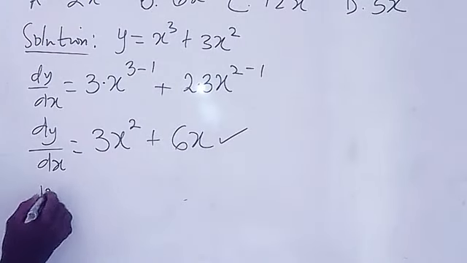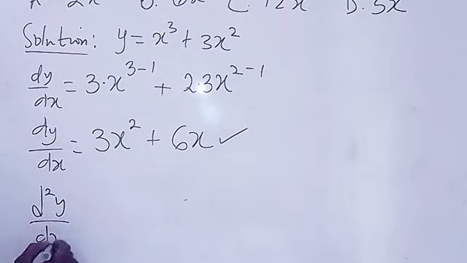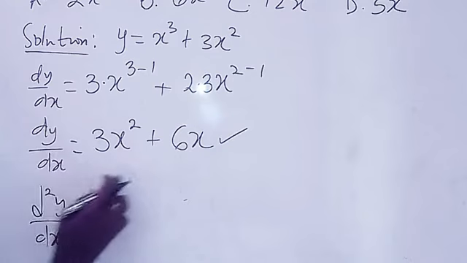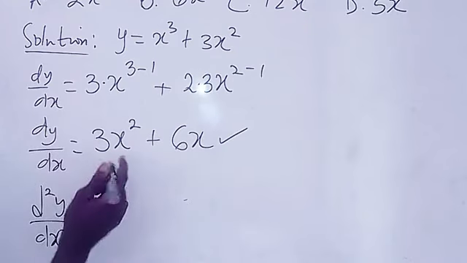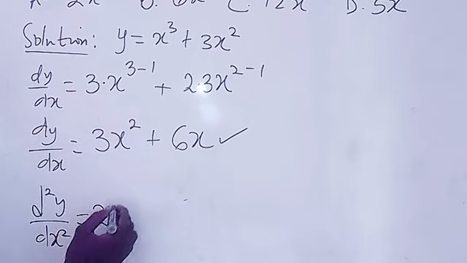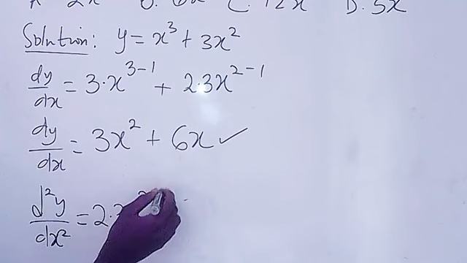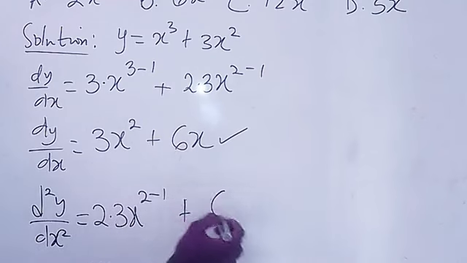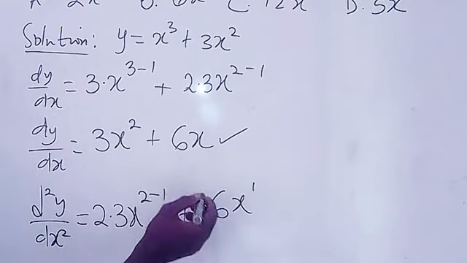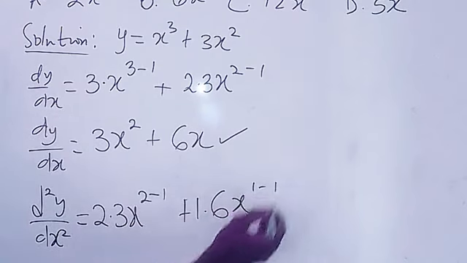Now we need d squared y all over dx squared. So it means that this dy/dx, we're going to differentiate again. The same approach: 2 times 3, then x to the power of 2 minus 1, plus 6. You know that ordinarily x is having power 1. So if 1 is multiplying this, you remove 1 from it.